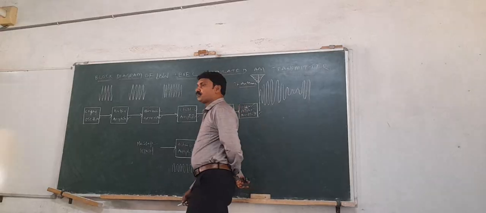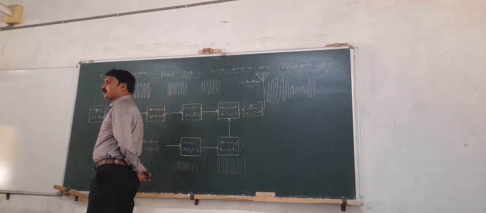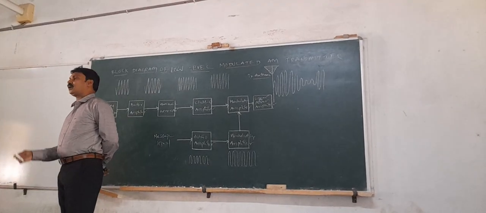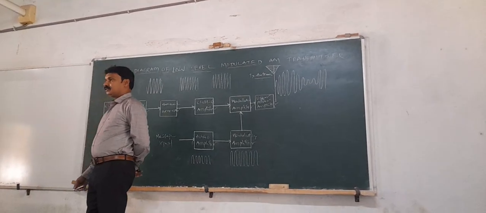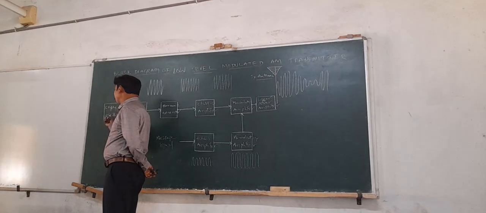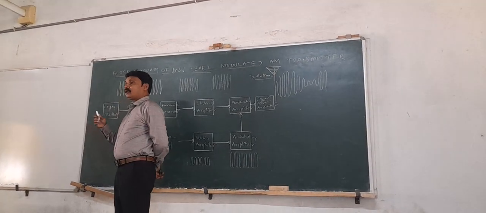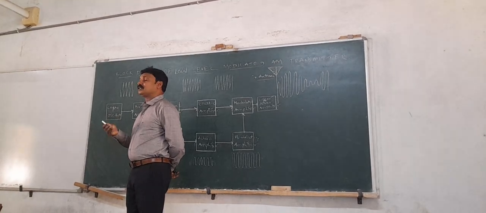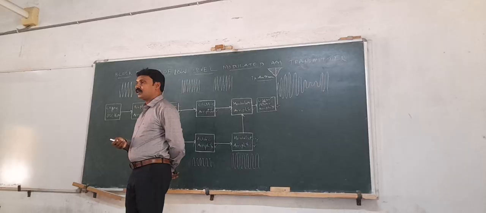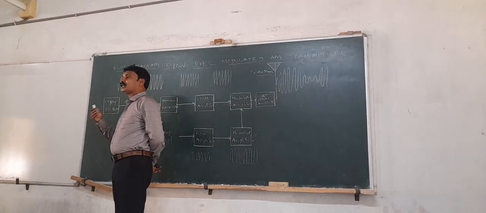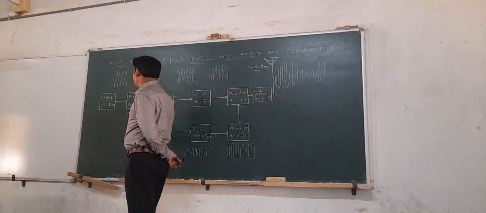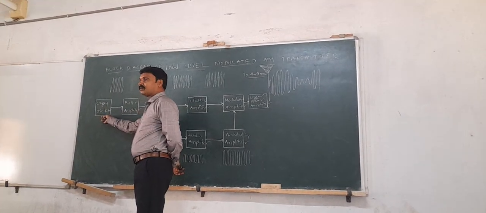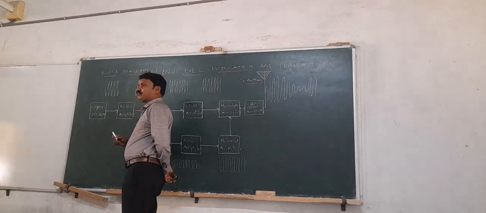As usual, we know that the crystal oscillator is used to produce the oscillations or carrier frequency. The frequency produced by the crystal oscillator is not a high level carrier. It is the low level carrier frequency. So it needs to be increased, so we apply this output of the low level carrier frequency to the buffer amplifier.